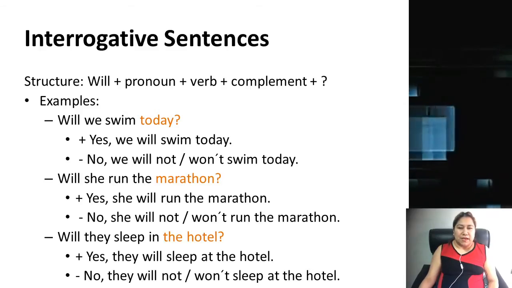In the first place, you have to use the auxiliary will plus the pronoun plus verb plus complement. Remember, this is only if you want. Finally, don't forget to use a question mark. As you can see, in this case, the auxiliary takes the first position before the pronoun.